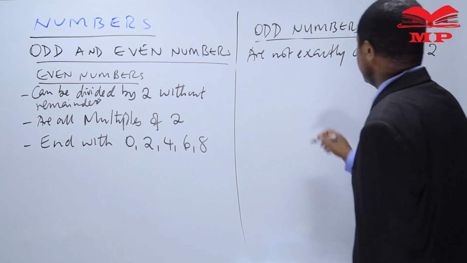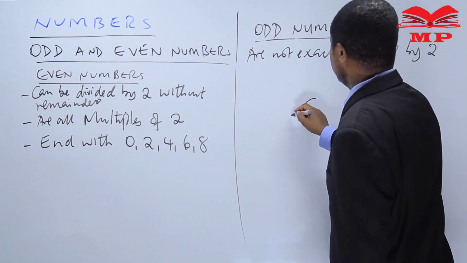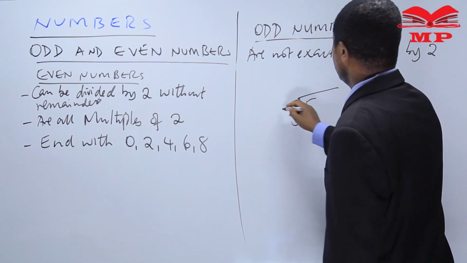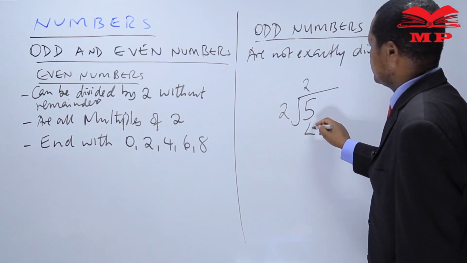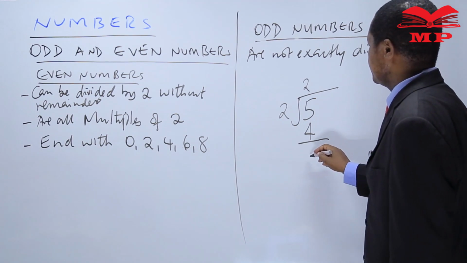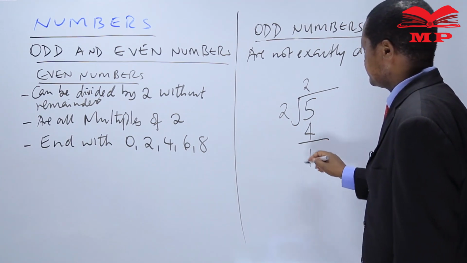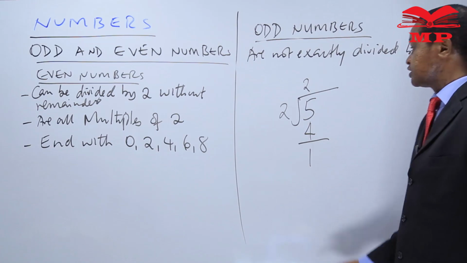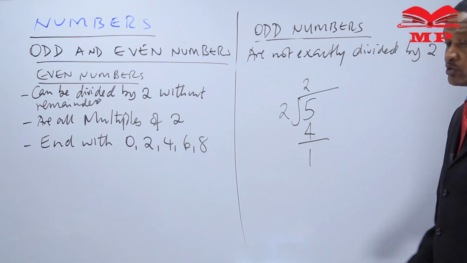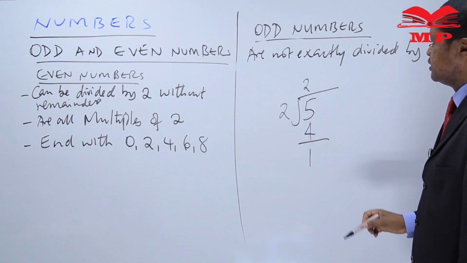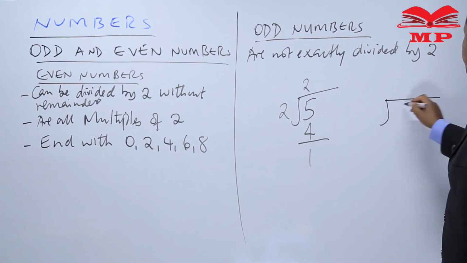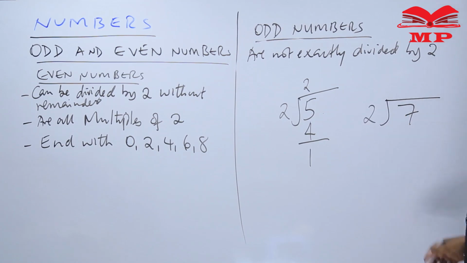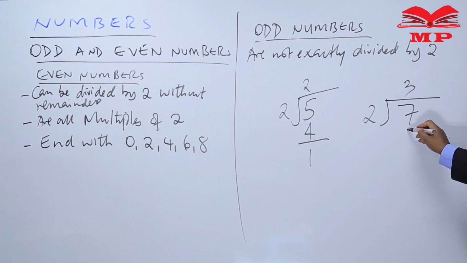A number like 5, when you divide 5 by 2, you see you have here 2, then 4, then you have a remainder 1. This is an odd number because when you divide it by 2, there has to be a remainder. A number like 7, 7 divided by 2, 2 goes into 7 3 times, then you have 6 here.